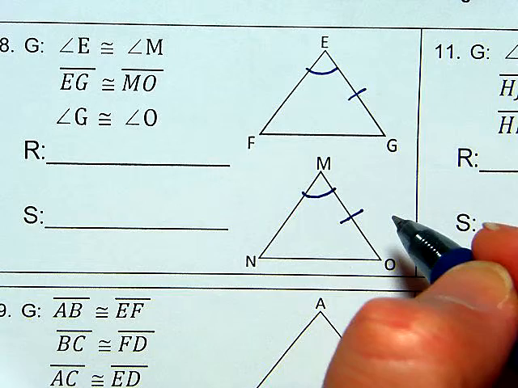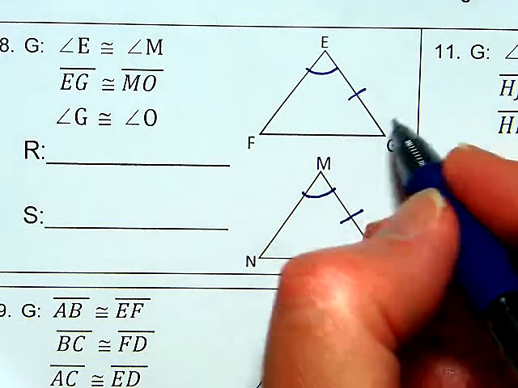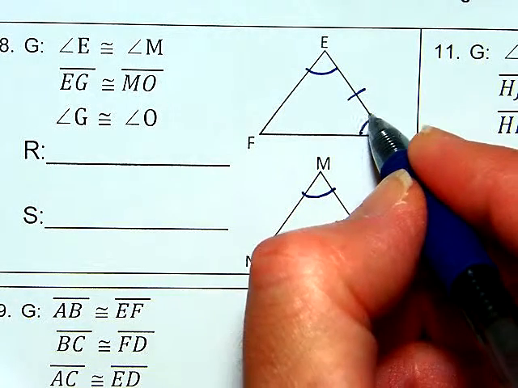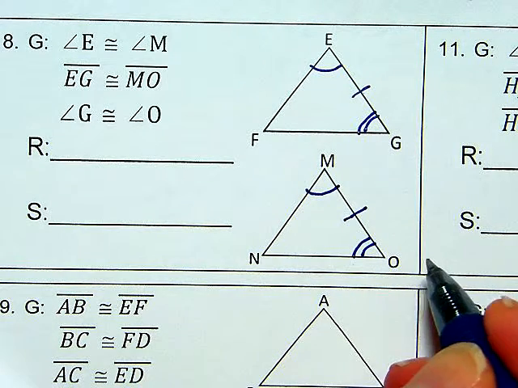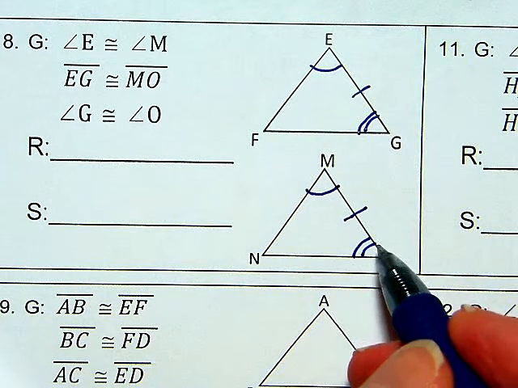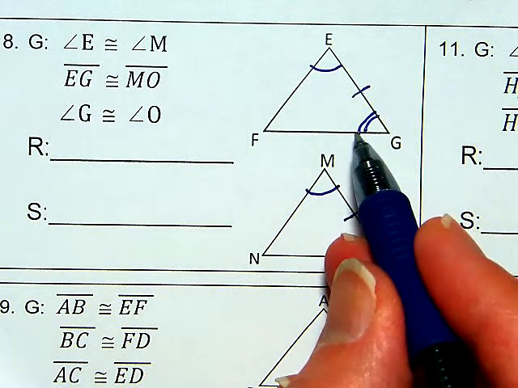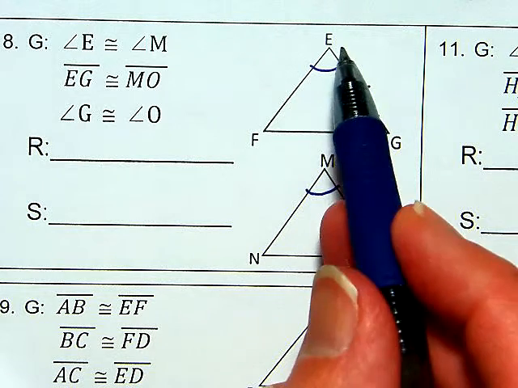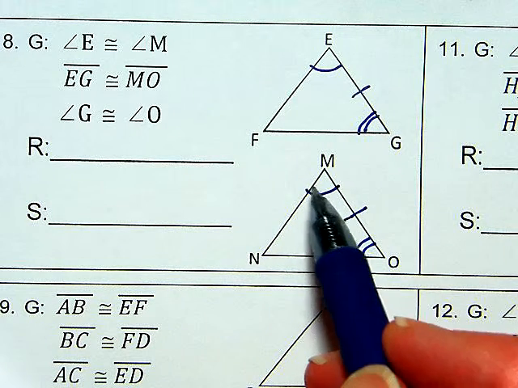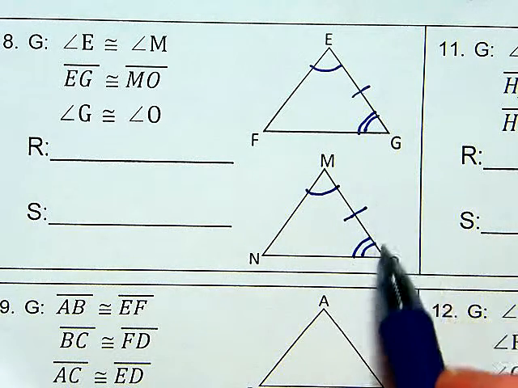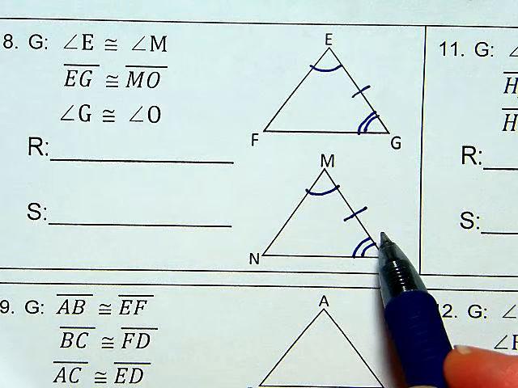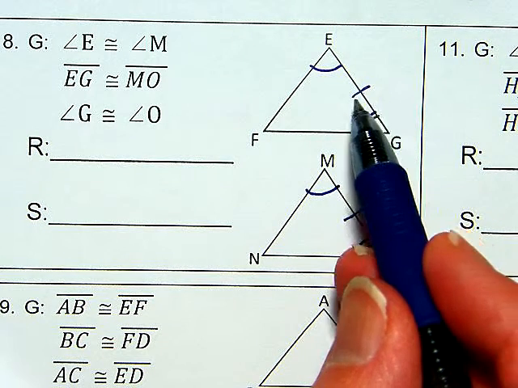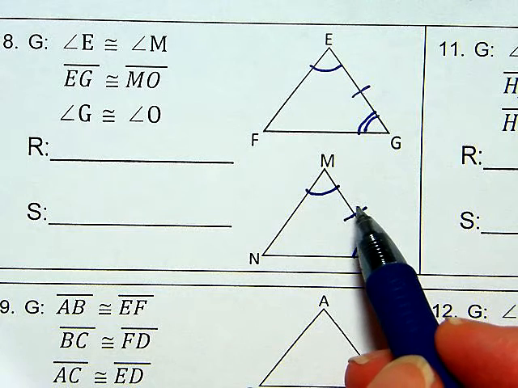And angle G and angle O are congruent, and we're going to put two curved lines next to G and O. This is another way of representing congruent angles, by the number of curves that you put in. E and M are congruent because they each have one curve, and G and O are congruent because they each have two curves. And EG and MO are congruent line segments. They each have one dashed line going through their sides.